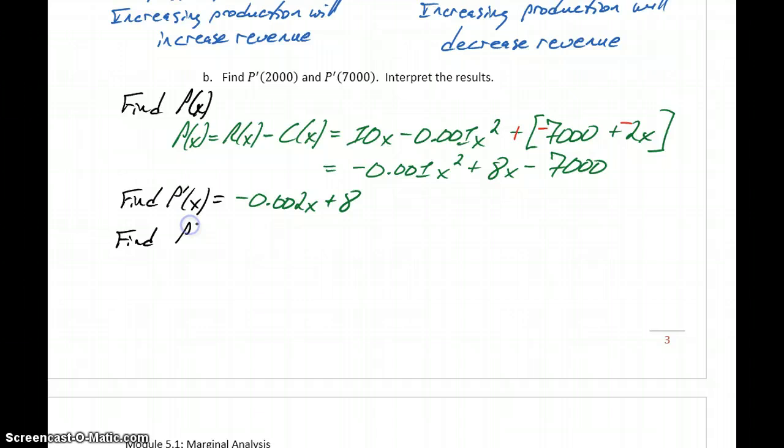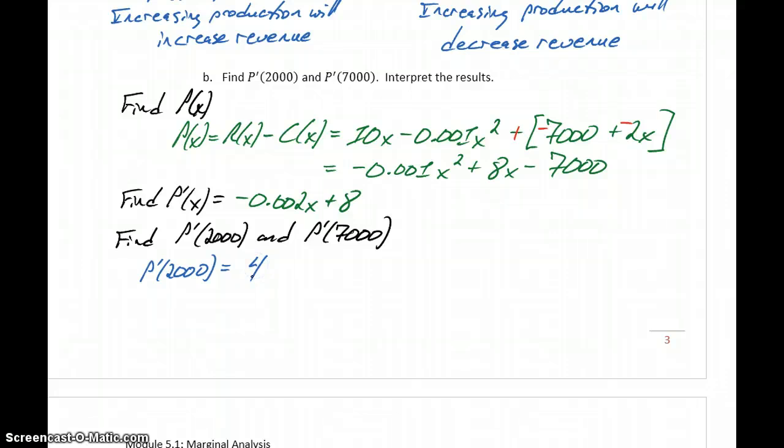Then we want to find and interpret our marginal profit at a production level of 2,000 and our marginal profit at a production level of 7,000. So we would plug 2,000 into our marginal profit function, and we get a value of 4.